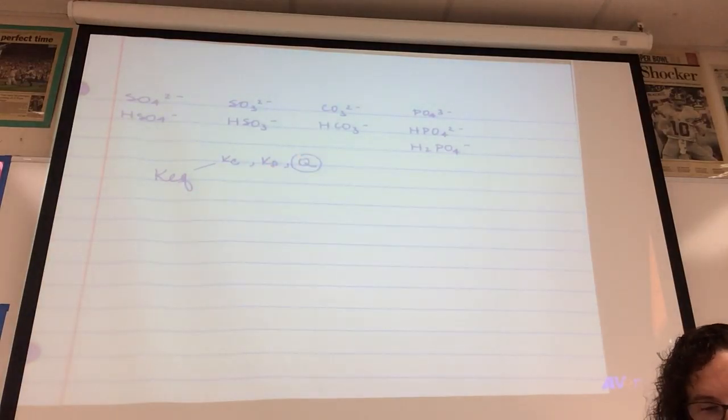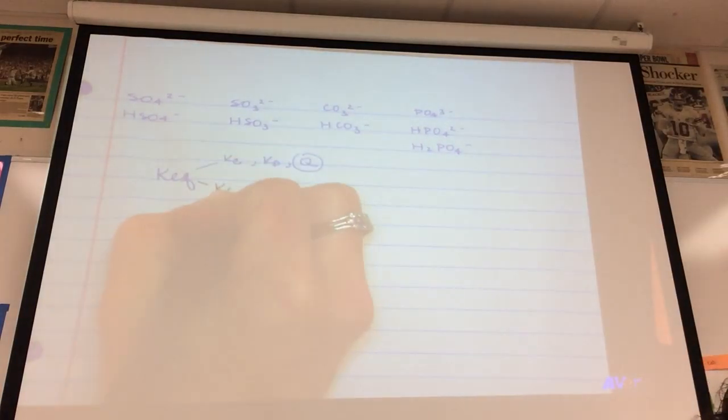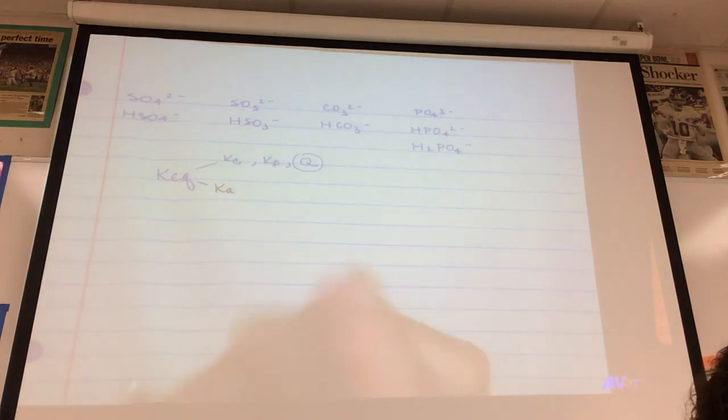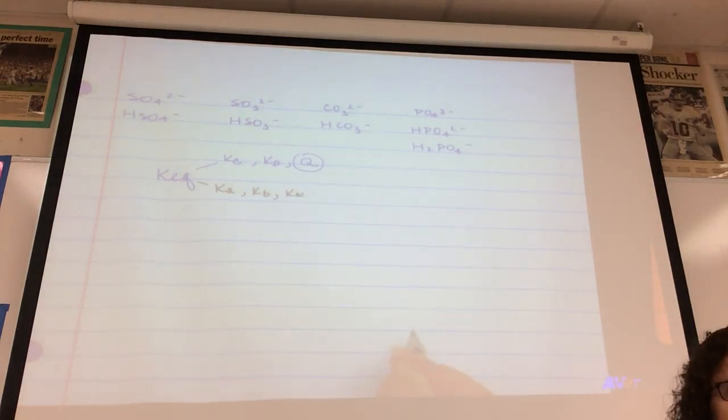That's non-equilibrium conditions. In this chapter, we have Ka, the acid ionization constant, so you're going to have an acid reacting with water, or just dissolved in water. Kb for a base, and we'll get into Kw next time for water.